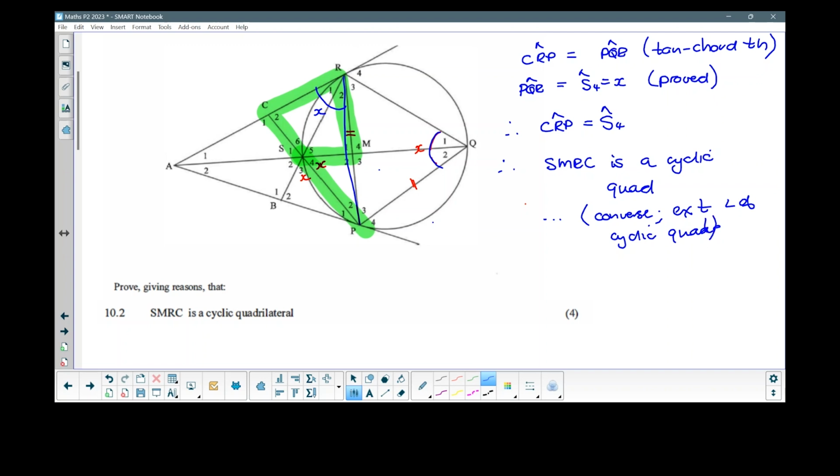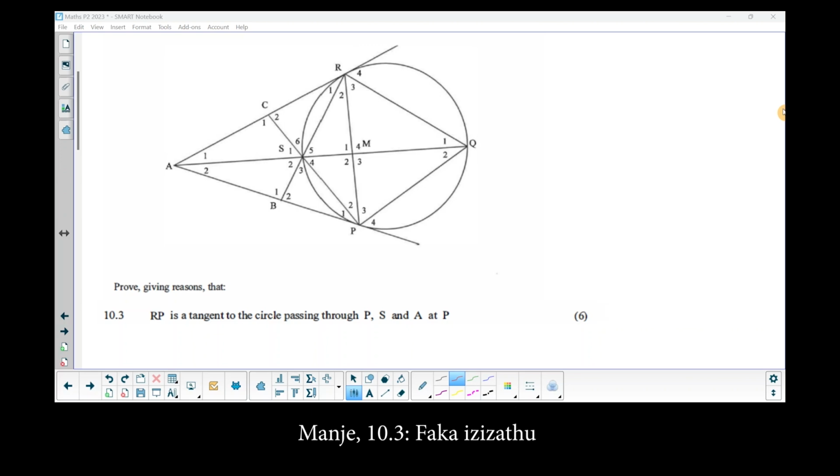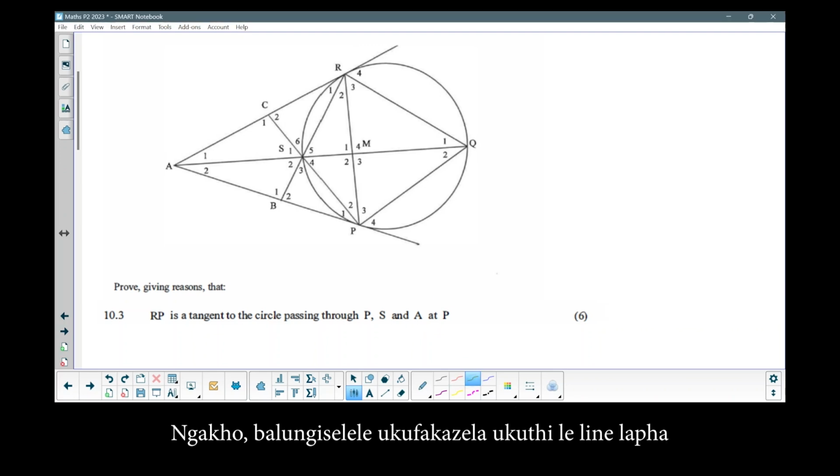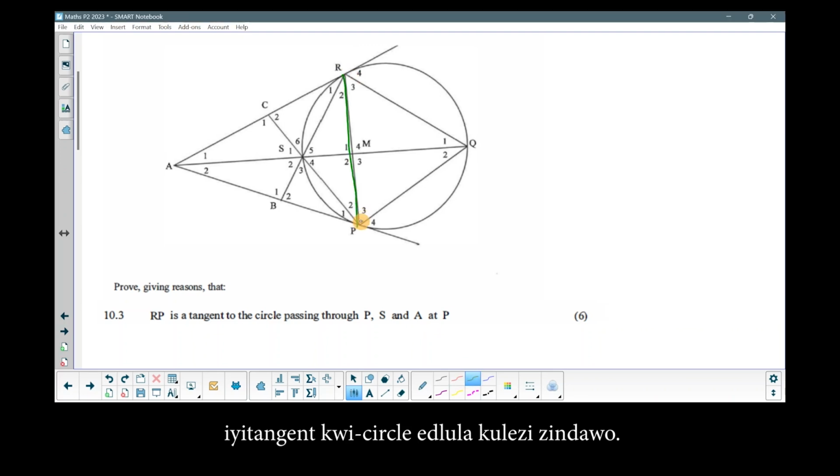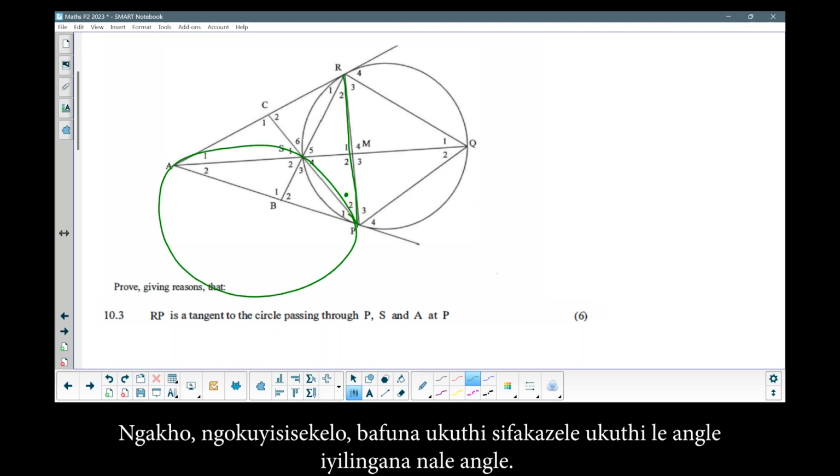Done. All right, 10.3: prove with reasons that RP is a tangent to the circle through P, S, and A. So here's P, S, and A. Basically they want us to prove that this line here is a tangent to a circle passing through those points. So essentially they want us to prove that this angle is equal to that angle.